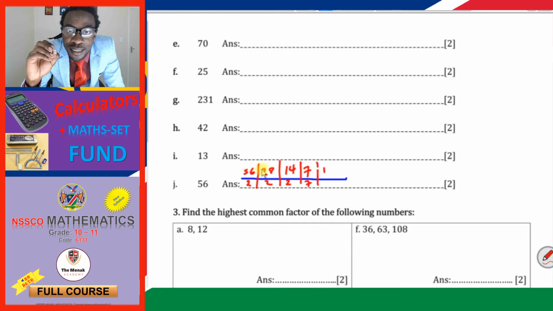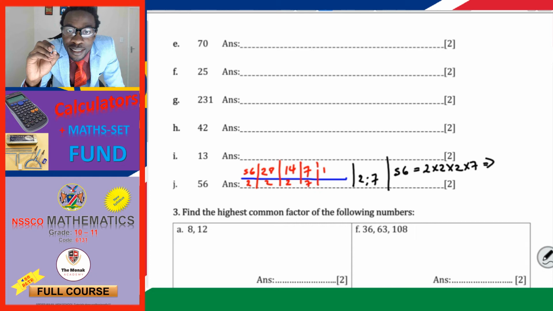So the prime factors of 56 are only 2 and 7. Now we want to express 56 as a product of its prime numbers. So 56 is equal to 2 times 2 times 2 times 7.